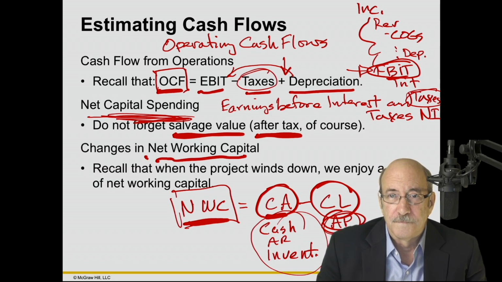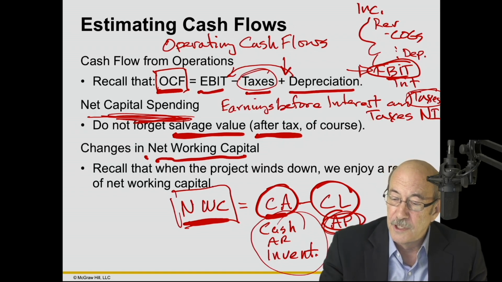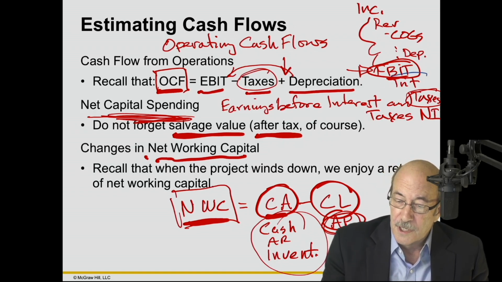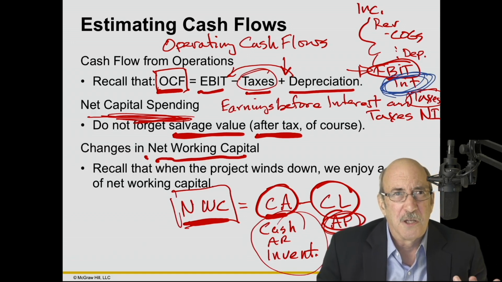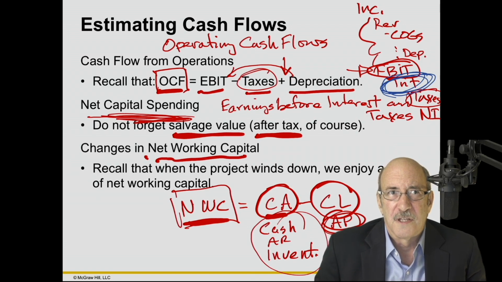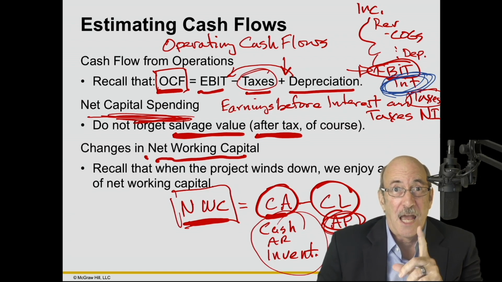Okay? Oh, one thing I didn't mention here, and I would be remiss not to, is interest. Why don't we take care of interest? I mean, why isn't that on there? And the answer is that this is an investment decision, not a financing decision yet.